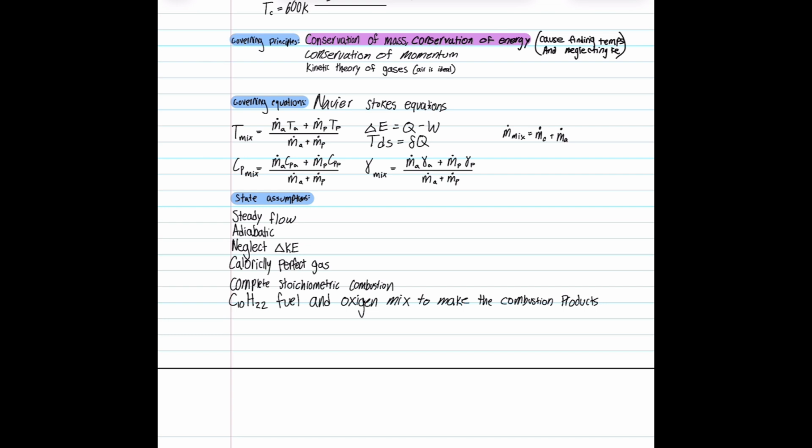And the fuel is C10H22 with oxygen, and they mix to make combustion products, and the outputs of the C10H22 fuel and oxygen will be H2O and CO2. Those are common outputs, and I will explain later in more depth.